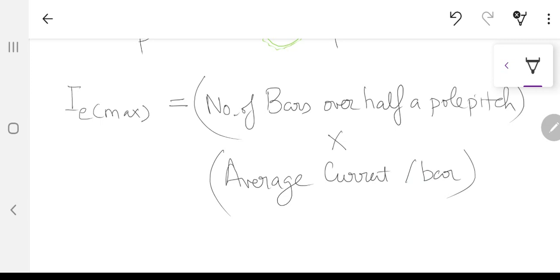I only know the RMS value of that IB. So if I want to find the maximum value, I have to multiply the number of bars over half a pole pitch by the average current per bar.